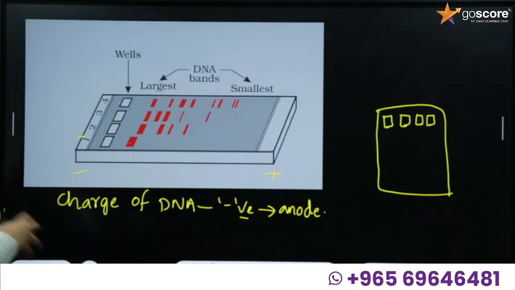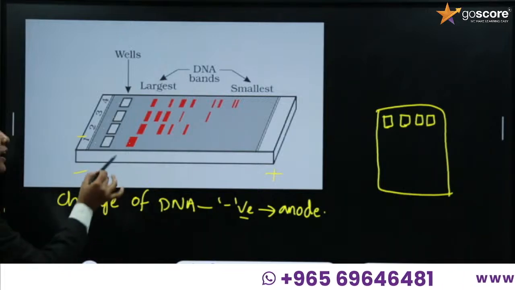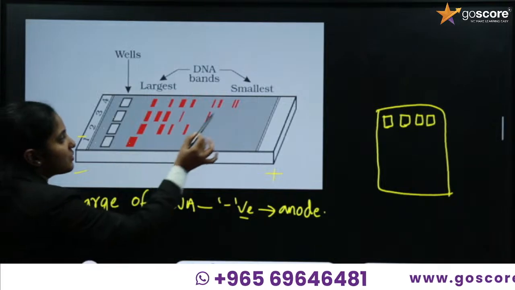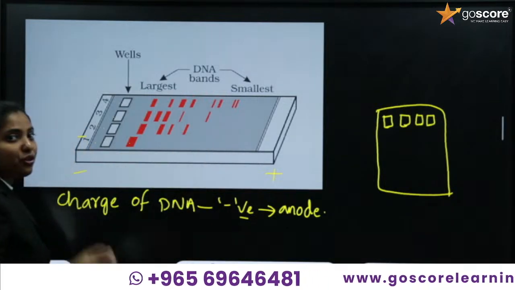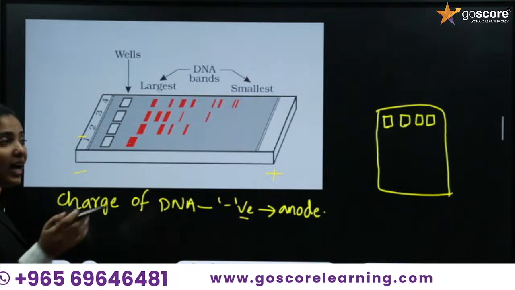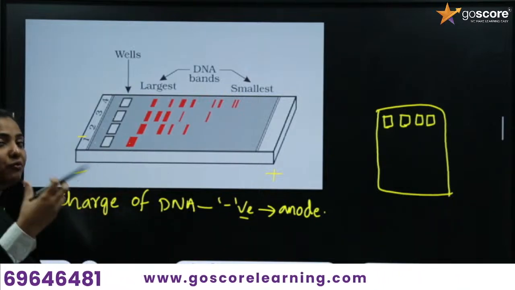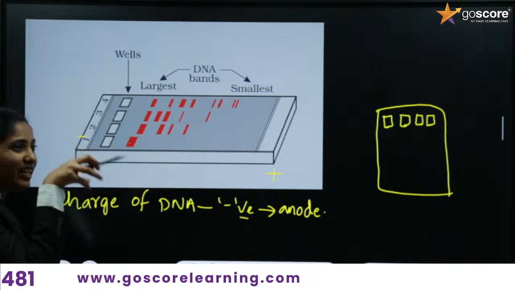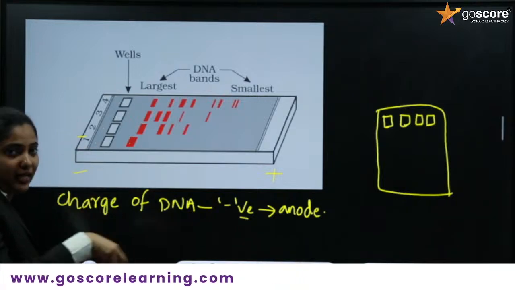So how is it moving? You can find the thicker portion here and the smaller portion here. We can say the DNA moves according to its molecular weight, and in further classes you will study that it also depends upon the sieve size.